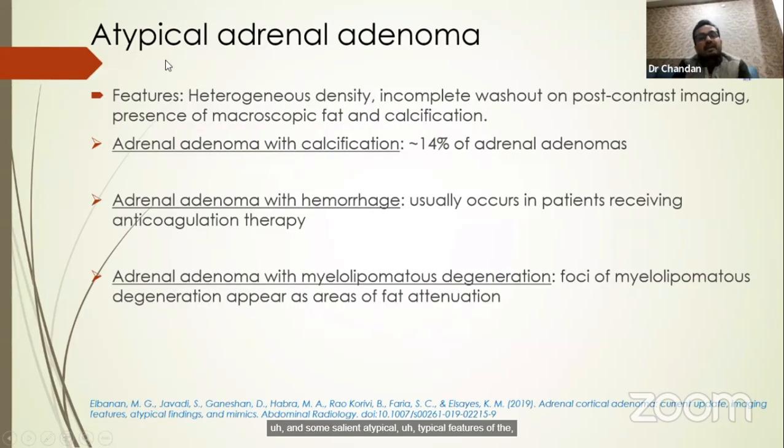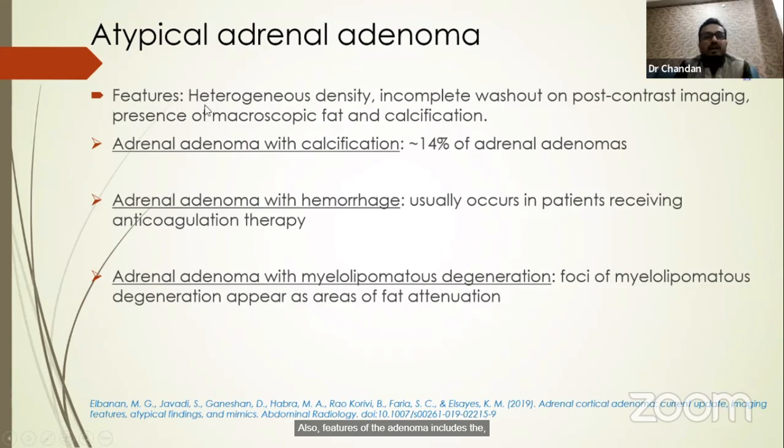And some salient features of adrenal adenoma should also be remembered, because the same type of questions may be in the examination, so this should be remembered as a typical appearance of the adenoma also.